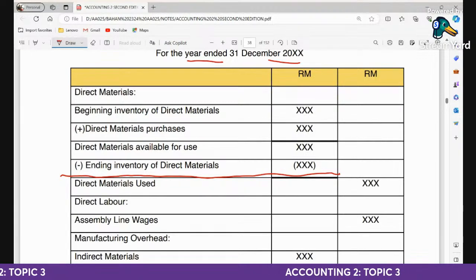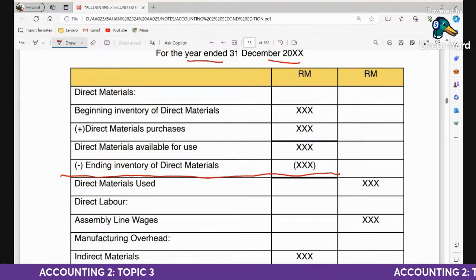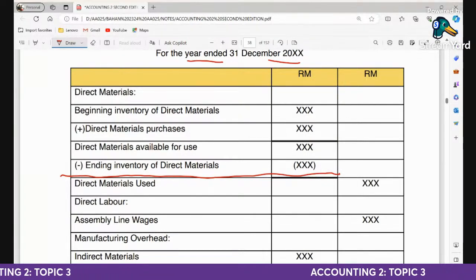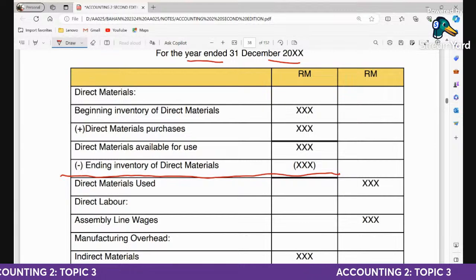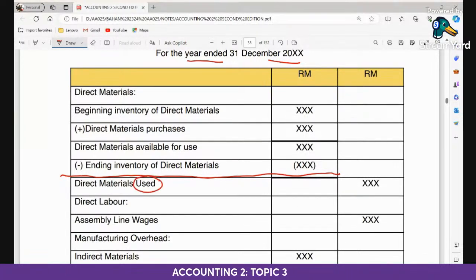So kalau kita kira macam biasa dekat bab 2, you cuma ambil saja nilai yang diberi dalam soalan. Tapi bila anda dah belajar bab 3, you kena faham, okay, the amount for the direct material that will be included in your calculations is actually direct material used atau bahan mentah digunakan.